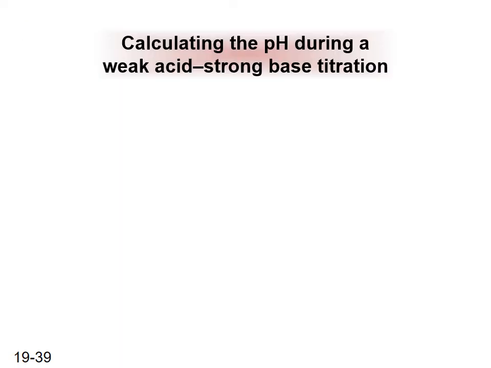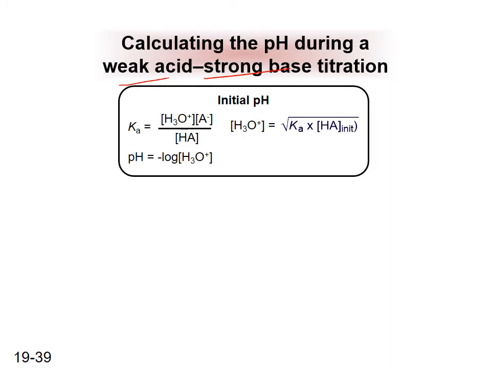In the following, I'm going to go over the steps to calculate the pH for a weak acid, strong base titration. And you will see that the calculation is much more complicated. First, let's look at the initial pH before hydroxide is added. This is for a weak acid. For a strong acid, hydronium ion equals the molarity of the strong acid, so the calculation is much simpler. But here, because it's a weak acid, only a small amount of the molecules dissociate. So usually we need to list a reaction table to find how much dissociated and what the equilibrium concentration is.